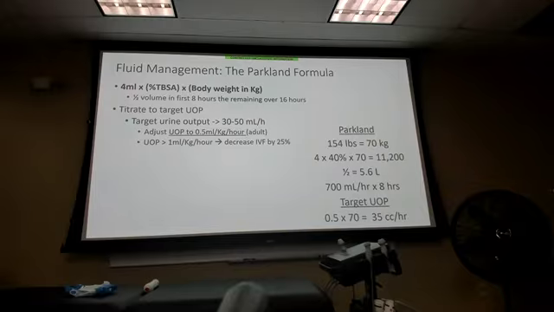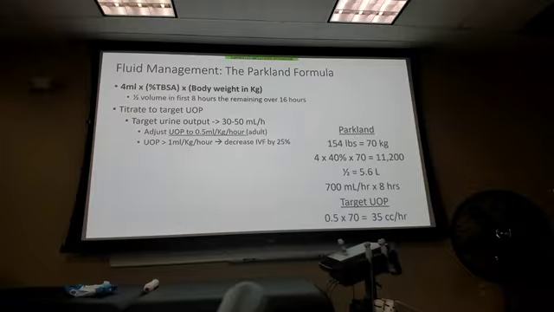But every hour, you're still checking that urine output. If it's still less than 30, let's say it's 15, we may increase to 800 milliliters an hour, depending on how their body is responding. If they're at like 70 milliliters an hour, we may decrease to like 600 and see how he does.